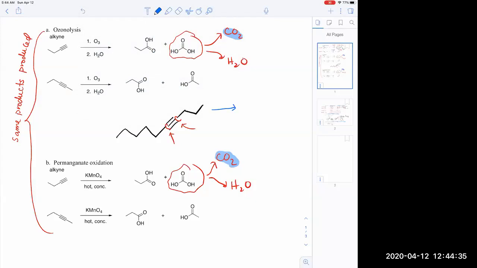So when doing my oxidative cleavage, and I'm going to do ozonolysis, but you could do permanganate oxidation with hot and concentrated KMnO4. We'll cleave it, and we'll have 1, 2, 3, 4, 5, 6 carbons from the left.